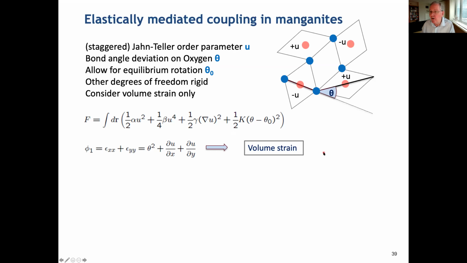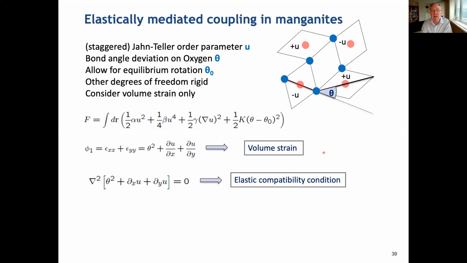In order for strains to be continuous, I need to satisfy what's called the elastic compatibility condition, which is a generalized Poisson relation on the strain. I've ignored the other 2 components of the strain. There's some additional terms if I have shear in, which I'm just, for purposes of illustration, neglecting. I actually have to satisfy this. If you don't satisfy this, your crystal cracks.